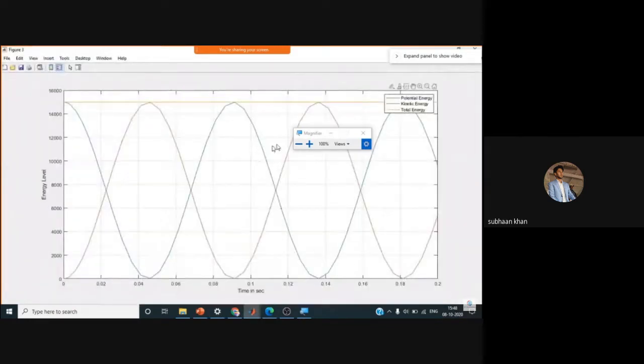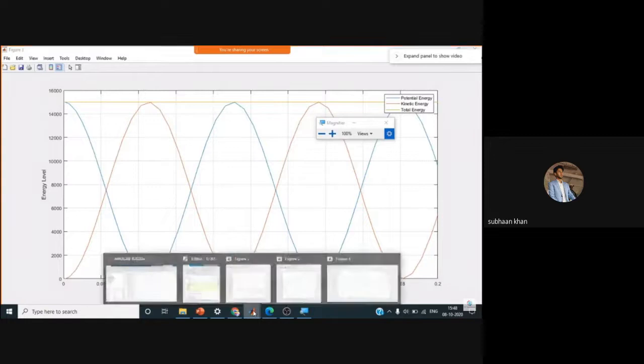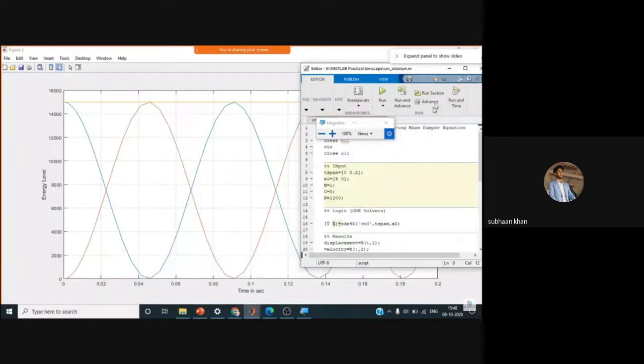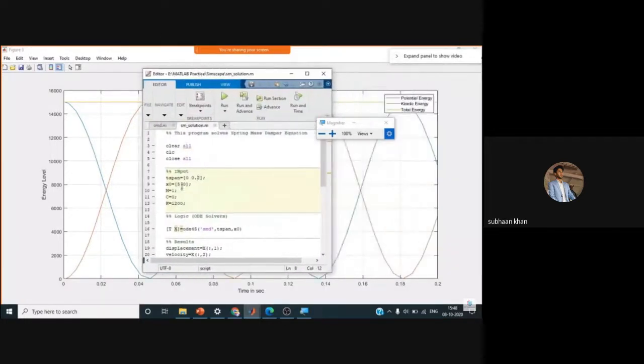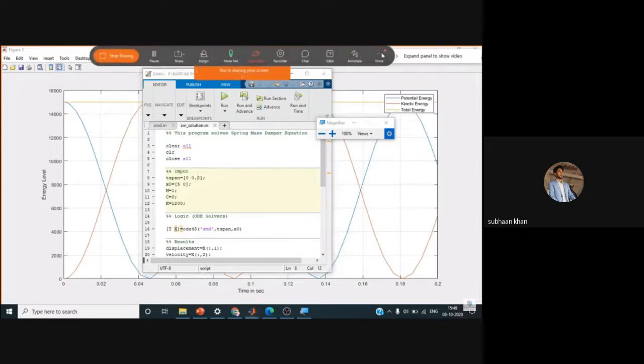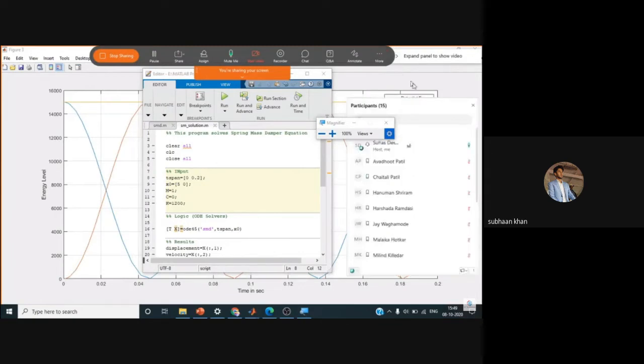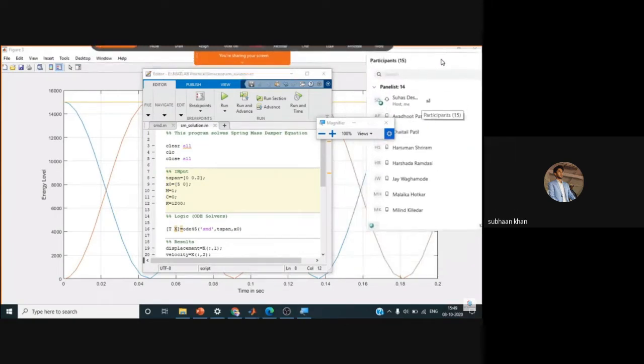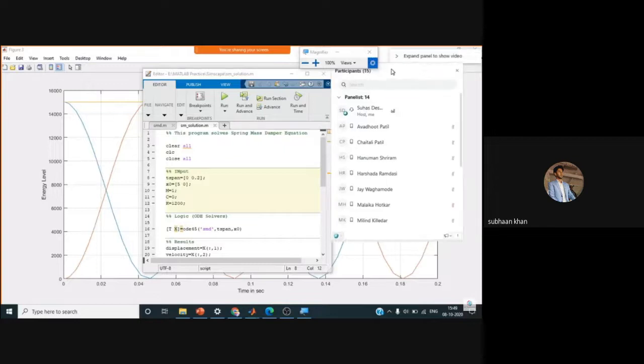This is one thing we have done. We have now done only free vibrations; we have not provided any excitation, so we'll now include that. But before that, I would like to know whether you understood whatever we learned till now. Avdut or Chaitali, anyone can tell me?